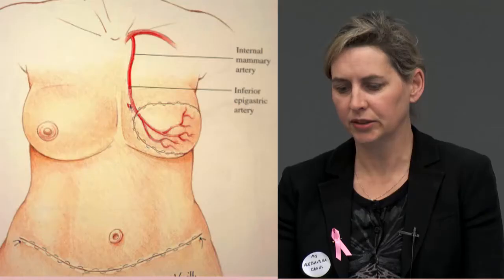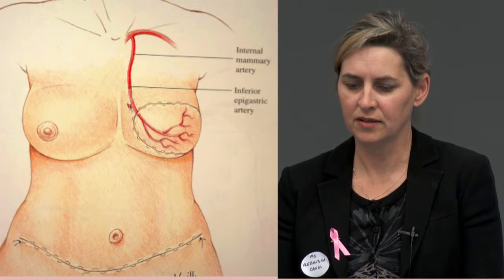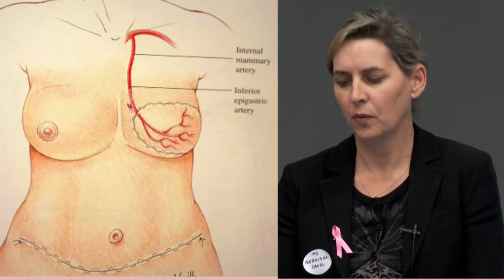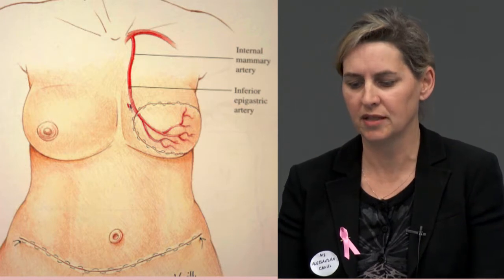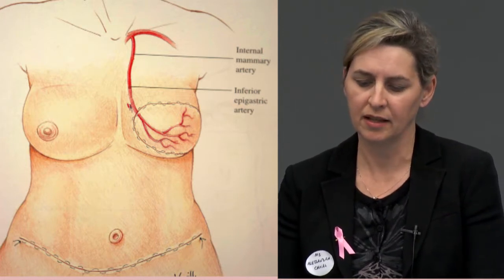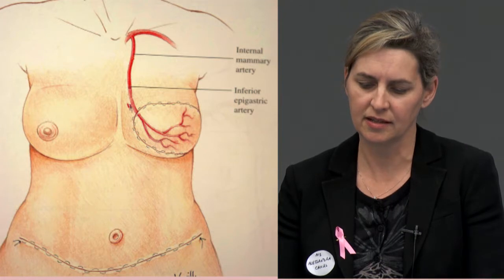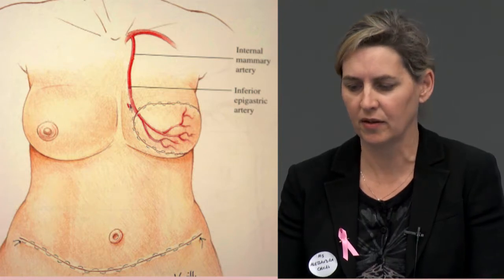It's then connected up to either the blood vessel under the rib here or the blood vessel in the armpit. So this would be the tissue that's gone from the tummy. There is a big long scar, and there's a little scar that will take on the skin behind.